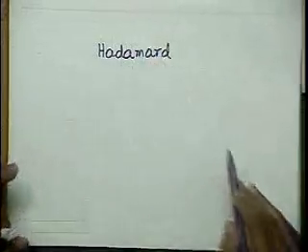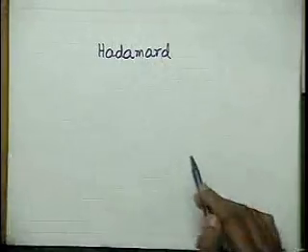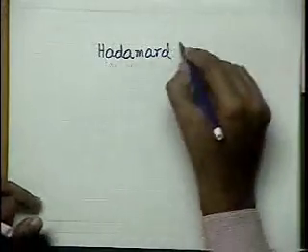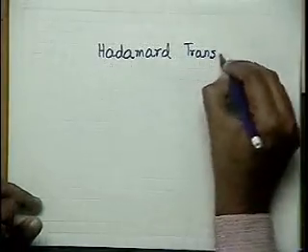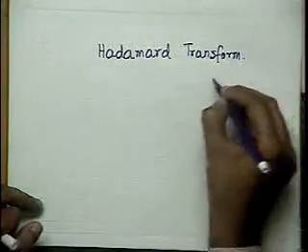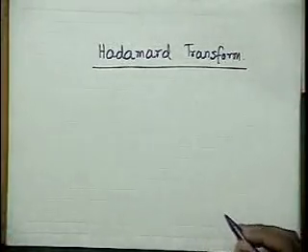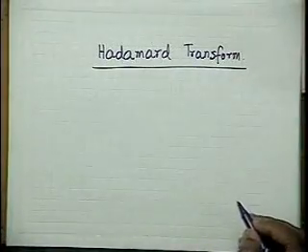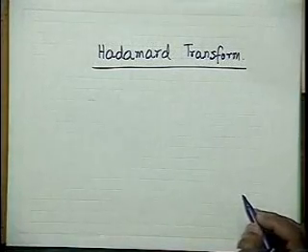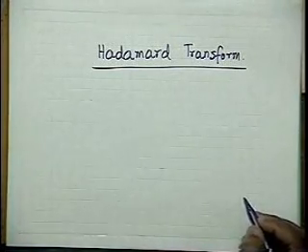With this objective in mind, the transformation that is proposed is called the Hadamard transform, named after the person who suggested it. The Hadamard transform is defined with respect to a very elementary matrix.